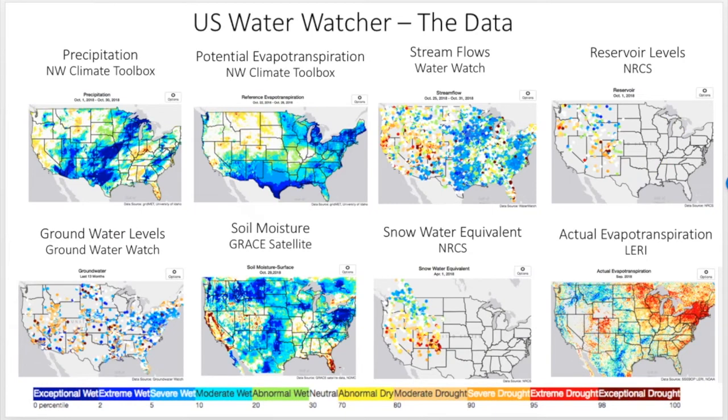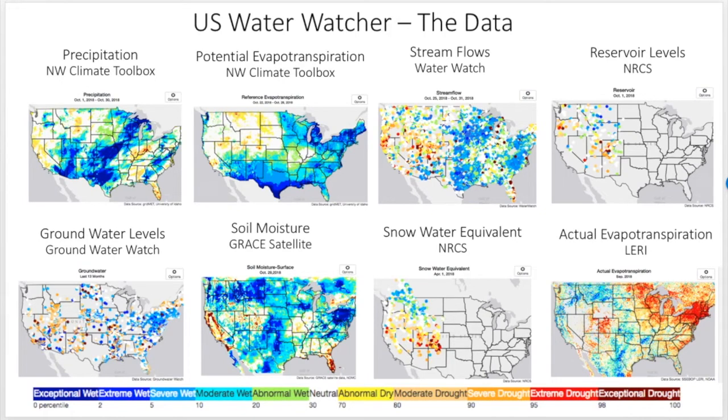The result was maps of percentile data that were in the same colors and represented the same percentile ranges for equal comparisons. Some of the data available in the tool is shown here, including percentiles of precipitation, potential evapotranspiration, stream flows, reservoir levels, groundwater levels, soil moisture, snow water equivalent, and actual evapotranspiration.